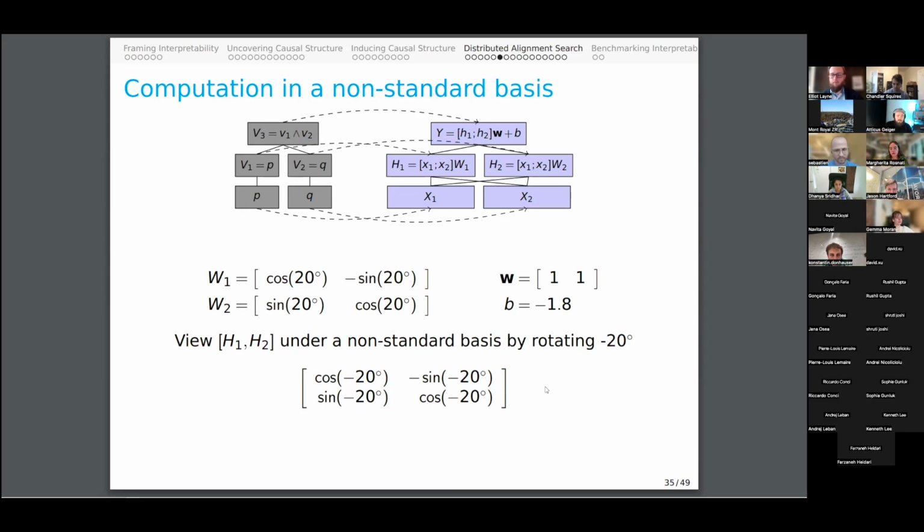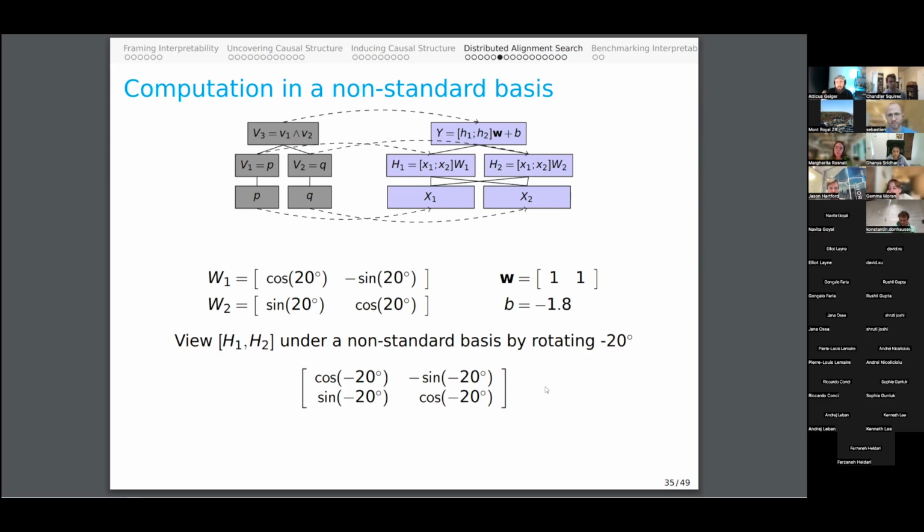Another way of saying things is, instead of looking for a concept being stored in a neuron or a group of neurons, we're instead looking for it being stored in a linear subspace of a vector representation. So if you do some rotation of your coordinate system and you choose a set of dimensions in that new coordinate system, that is just a linear subspace of your original vector space.